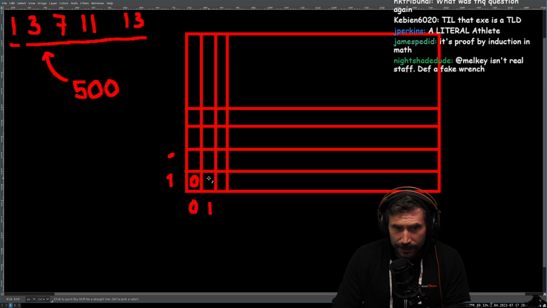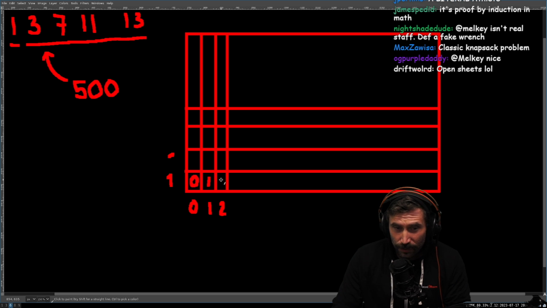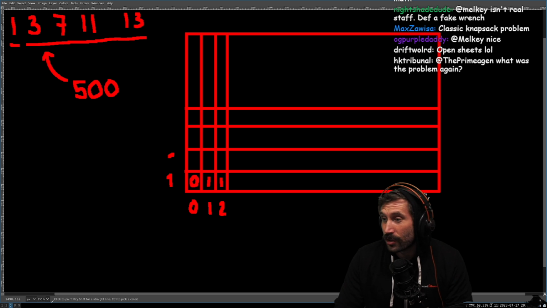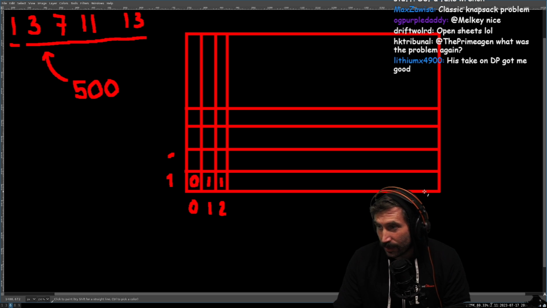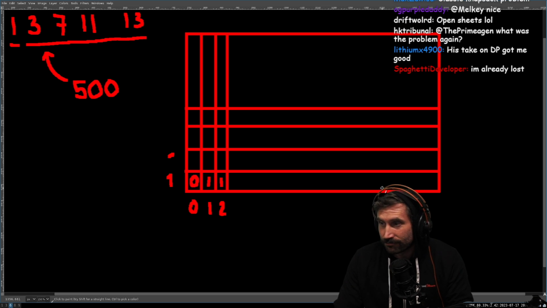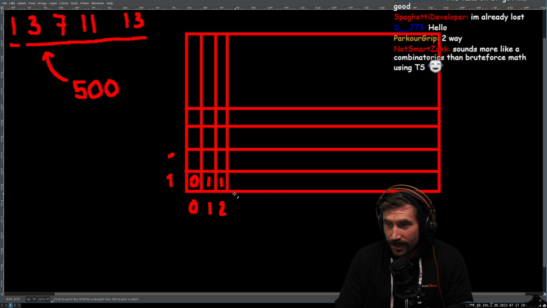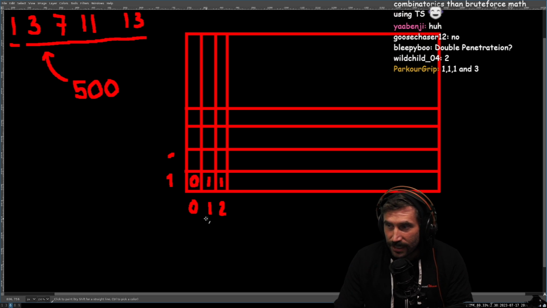At 1, there's only one way to make change, right? At $2, there's only one way to make change. At $3, there's only one way to make change. Is this making sense?